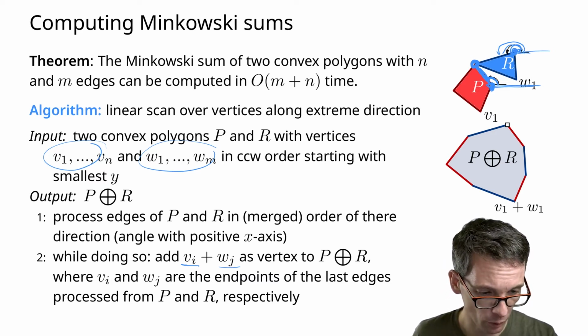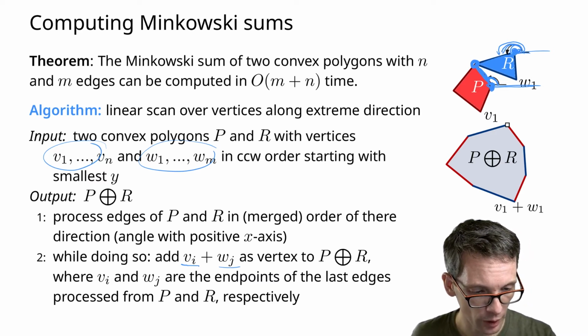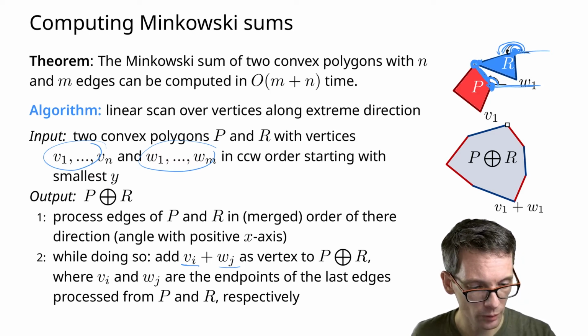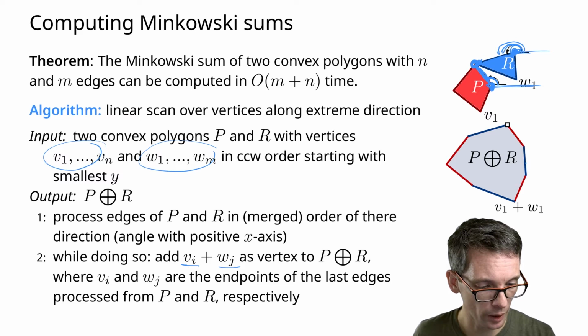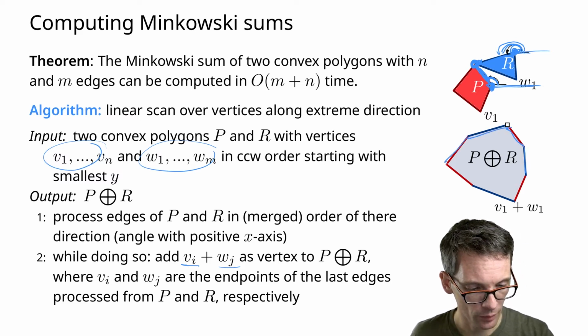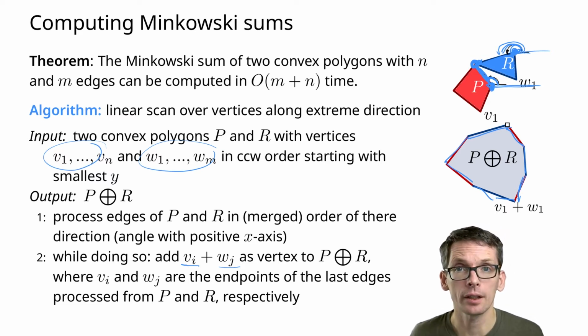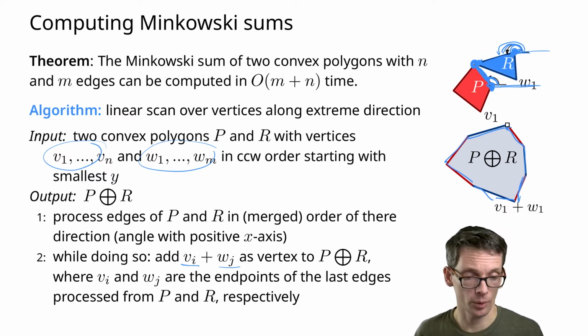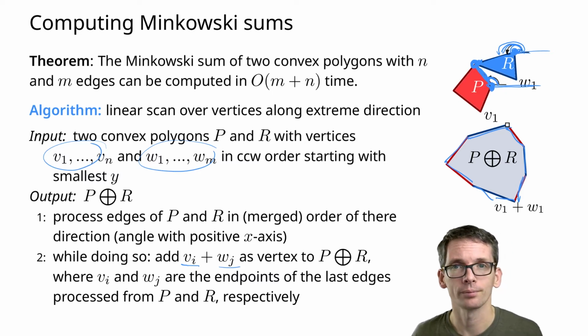The next in that order is this edge, so then I take W2 plus V2 and so on. And in this way I get this polygon. And this gives me a linear time algorithm to compute the Minkowski sum of P and R.